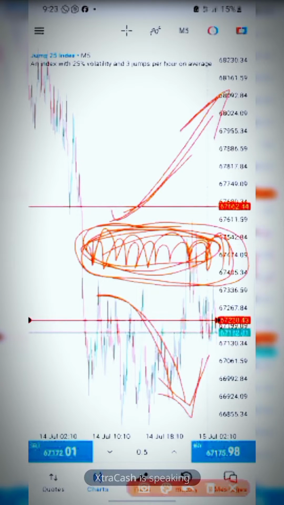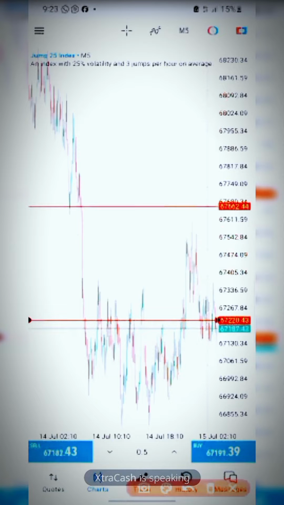So as a trader, you will need to look at the market, analyze, and say, from what I can see, this market is going up or this market is going down. If you factor that in, it will make it easier for you to do your analysis.